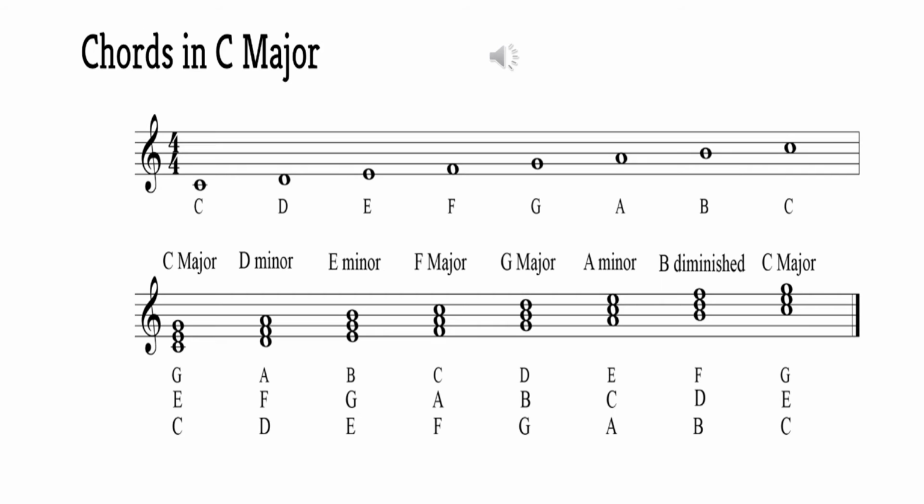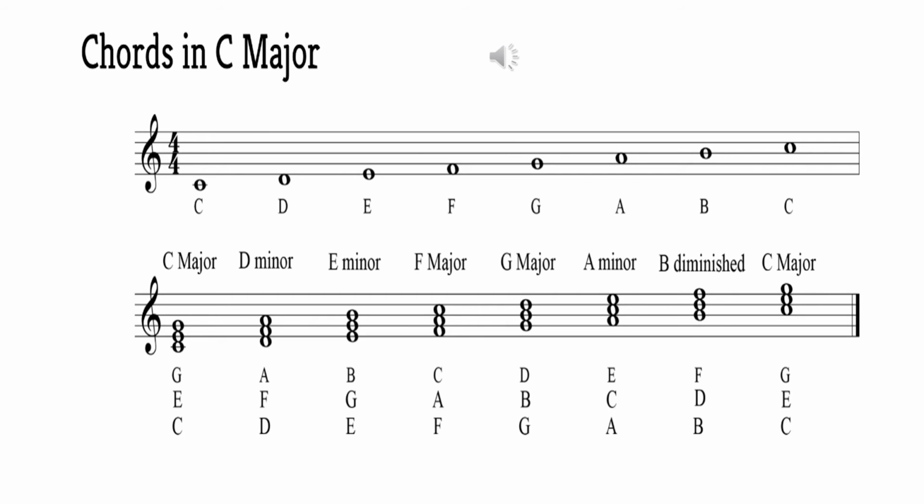So let's take a look at the chords in C major. I'm using C major chords because it's a simple one. It doesn't have any sharp or flat. So from C we start with C and then we go up to D, E, F, G, A, B, C, and the way we build the chord, we go from chord 1 to 3 and to 5.